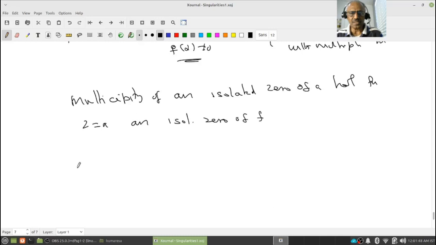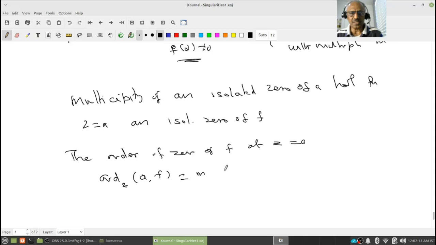So z equal to a is an isolated zero of f, a holomorphic function. Then I say, okay, the order of the zero, in analysis we will use the word order. The order of a as a zero of f, I say it's m if, what do I want?